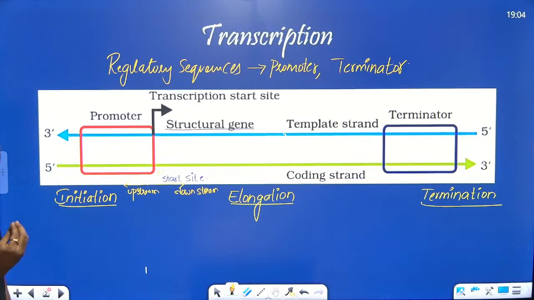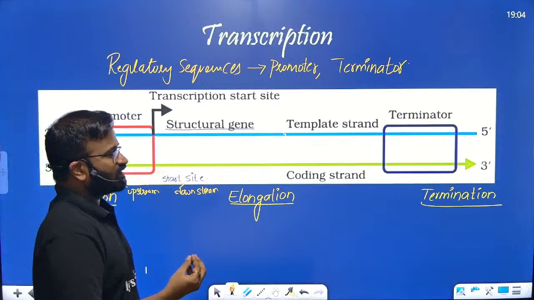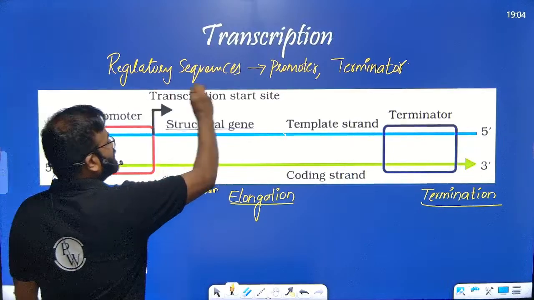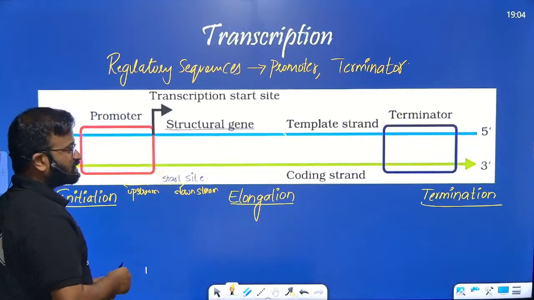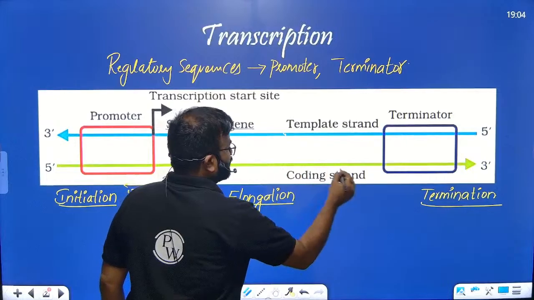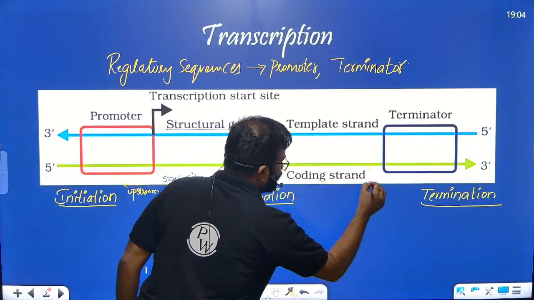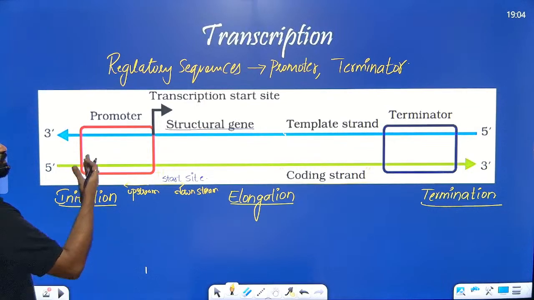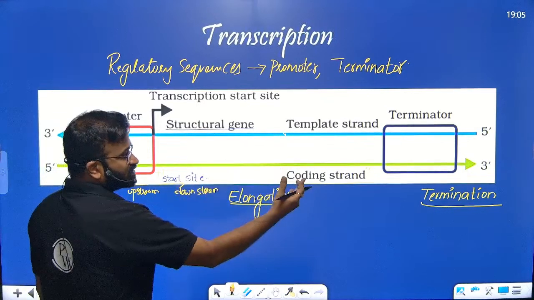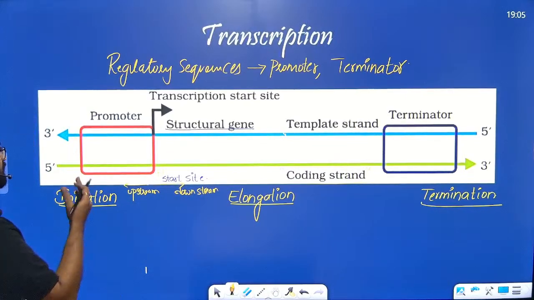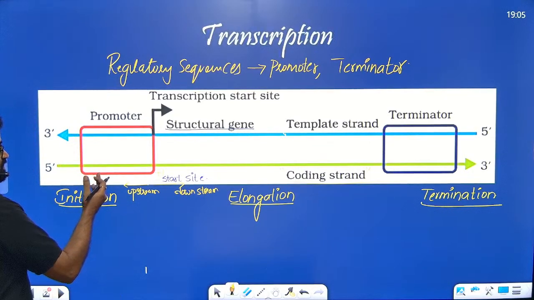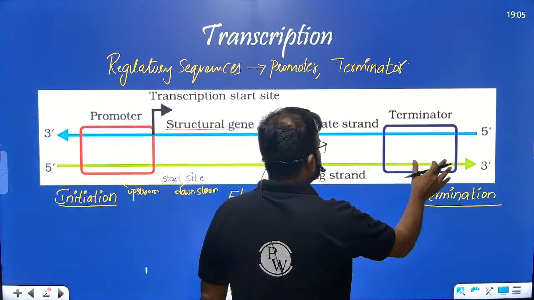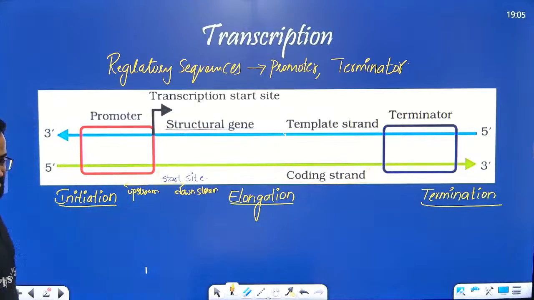To sort out this problem, in NCERT it is categorically said that everything in the transcription unit is considered in terms of the coding strand. So based on the coding strand, we say where the promoter and terminator are present. The promoter is present towards the 5' end, and the terminator is present towards the 3' end of the coding strand.